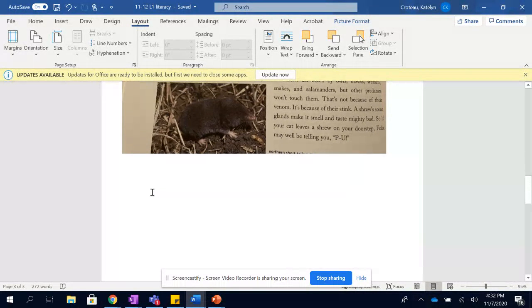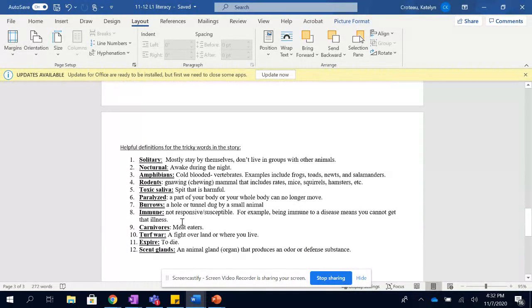Okay. So lots of tricky words in there. Not all of them were defined, but the ones that I thought would really be important were. Solitary means that they mostly stay by themselves. They don't live in groups with other animals. Okay. Nocturnal is awake during the night primarily. Amphibians are cold-blooded vertebrates, and they include things like frogs, toads, newts, and salamanders.